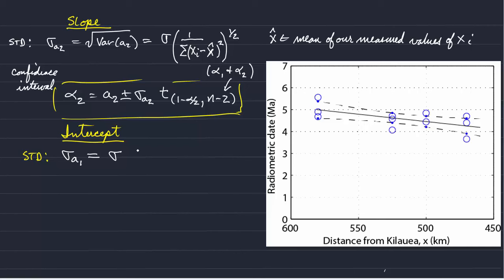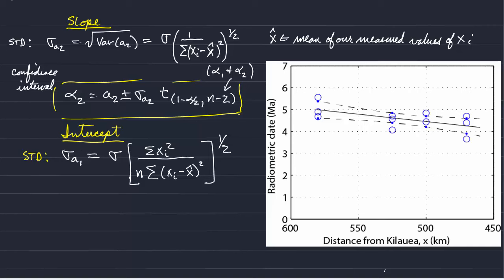So it's proportional to sigma. And it's multiplied by the sum of all our x values squared divided by n times the sum of our squared deviations from the mean value of x. And that's all taken to the 1/2. That's our standard deviation. The variance, of course, would be this, everything squared.